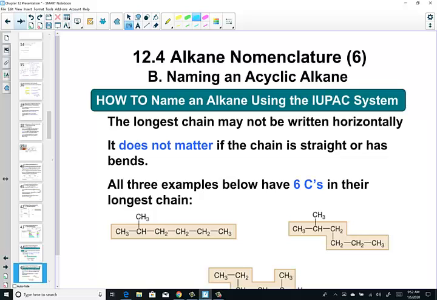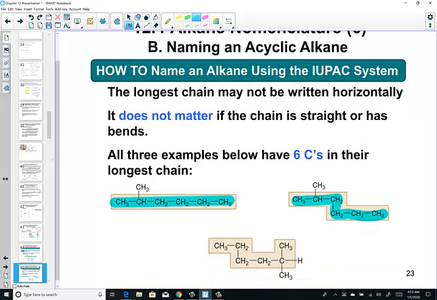It could have branches. It doesn't matter. It just has to be the longest chain. As I said, I can go straight across and get six carbons. I can branch down because they're still connected to each other. And I can zigzag. I just want to make sure I'm finding the longest chain where one carbon bonds to the next, bonds to the next.